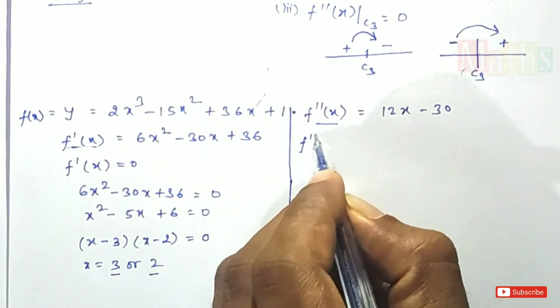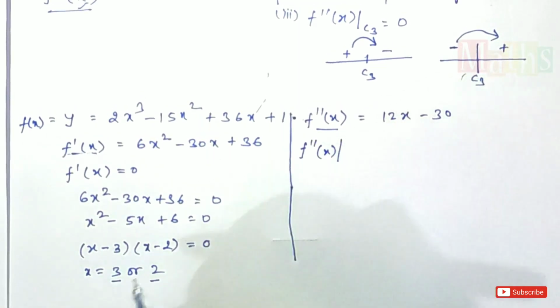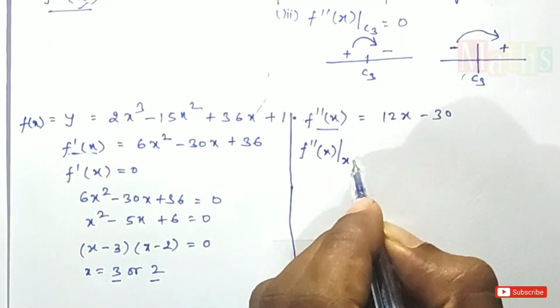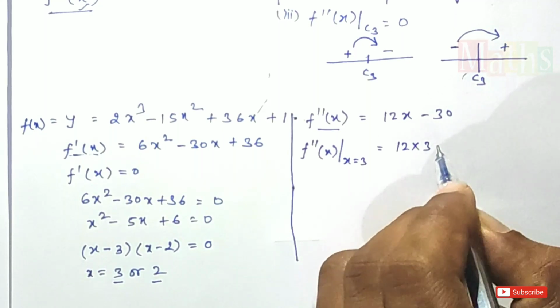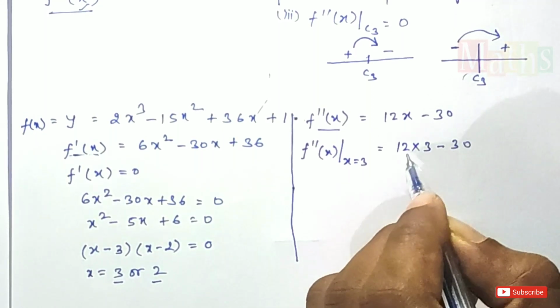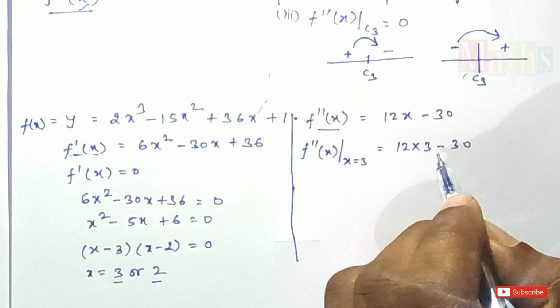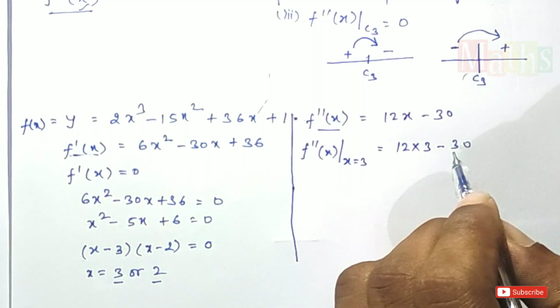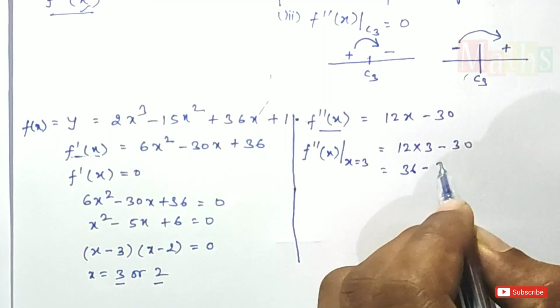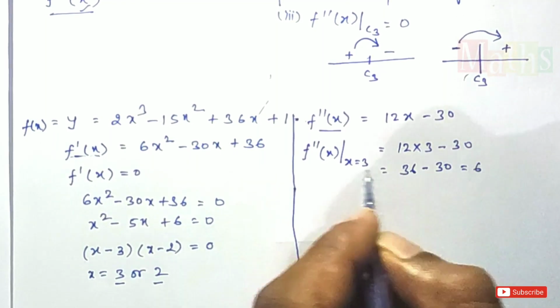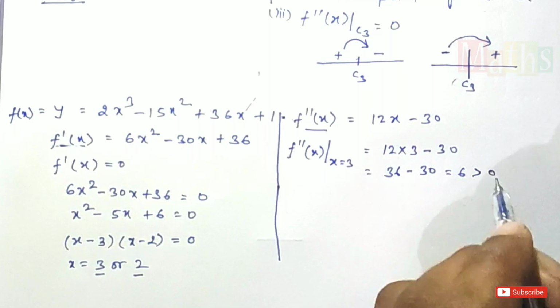So f double dash x at x is equal to 3 is equal to 12 into 3 minus 30, so 36 minus 30 is equal to 6, which is greater than 0.